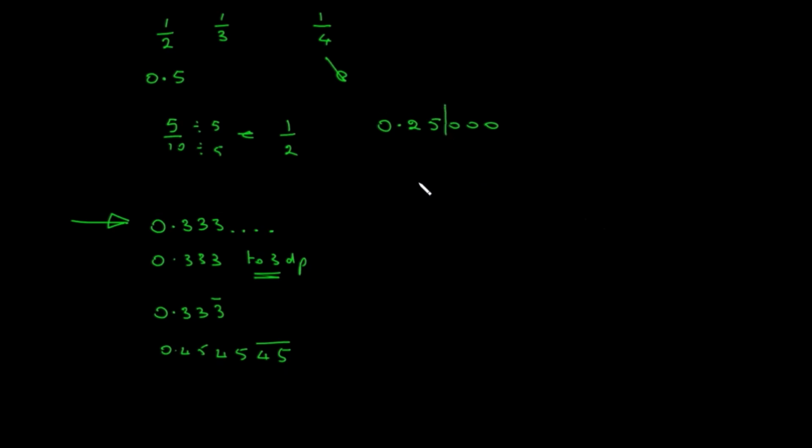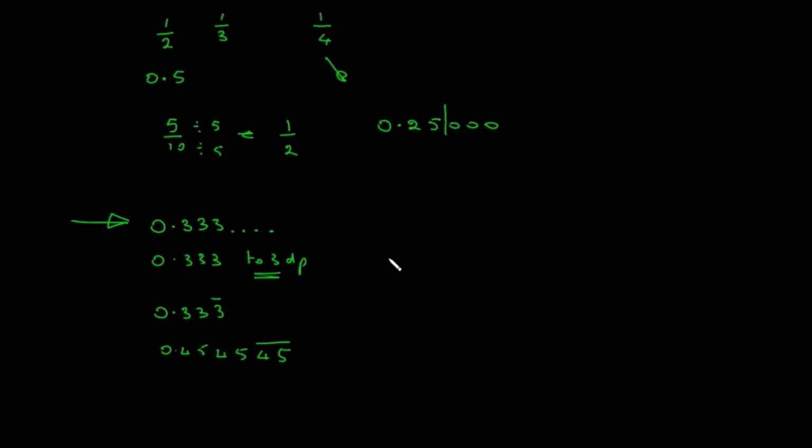They call it terminating, stops. If a decimal stops or terminates, it is definitely a fraction. If it repeats on and on and on, whether it be pairs of numbers or single digits, it is also a fraction.